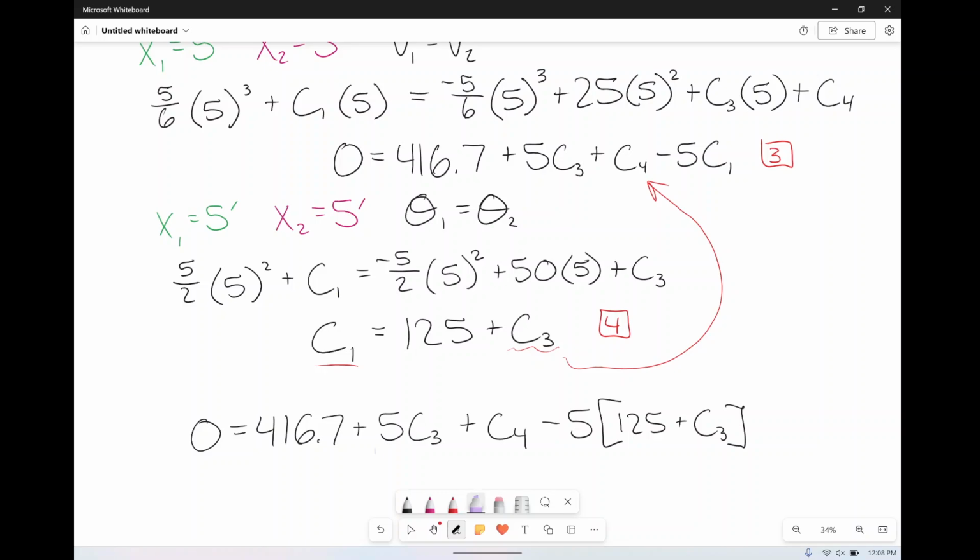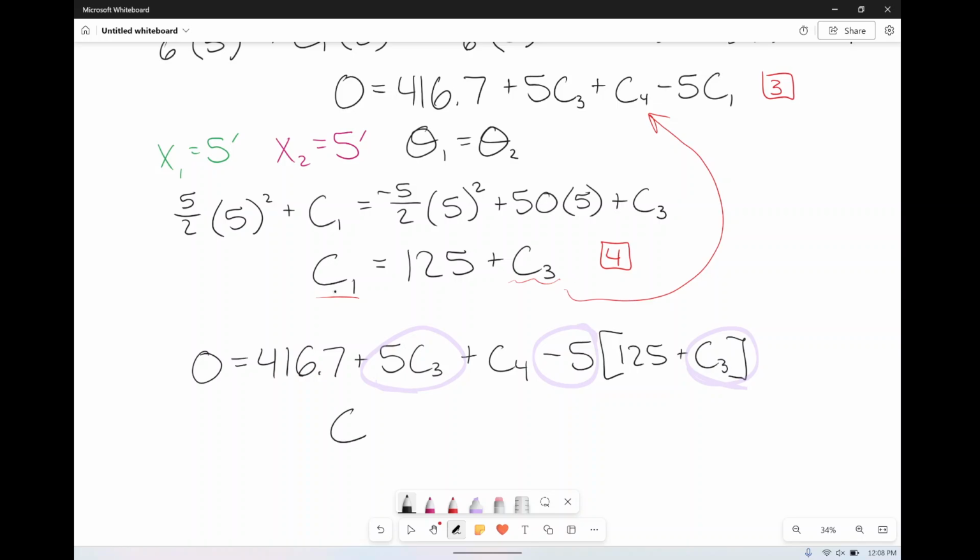I have 5C3 here, and I'm about to minus 5C3, so C3 goes away. That's kind of cool. Now C4 is equal to 208.3. Funny enough, that wasn't even C3.